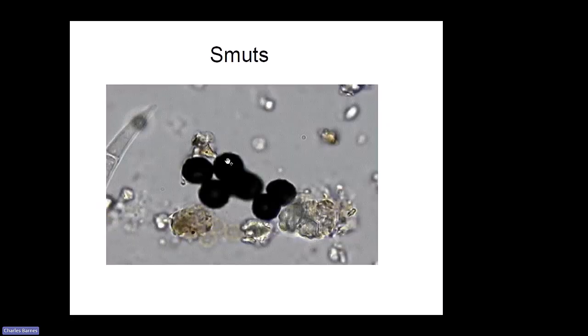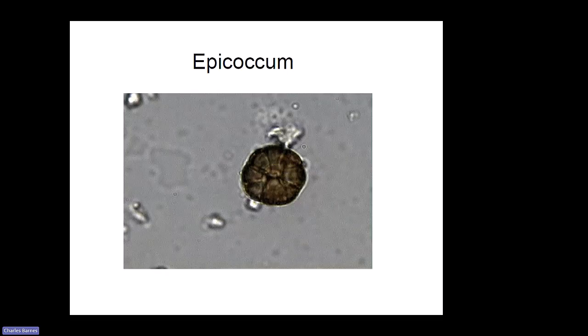Now, smut is a plant pathogen. You see smuts all over the place growing on plants. As far as smuts go, you see a lot of smut on corn around here. And then epicoccum is another ascospore that shows sort of granular, sort of soccer ball-like in their asexual stage.